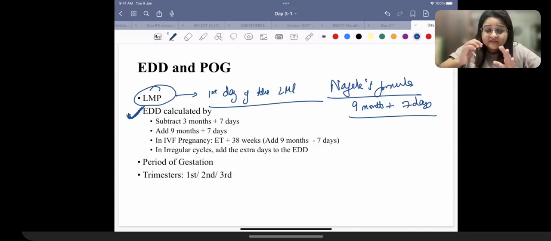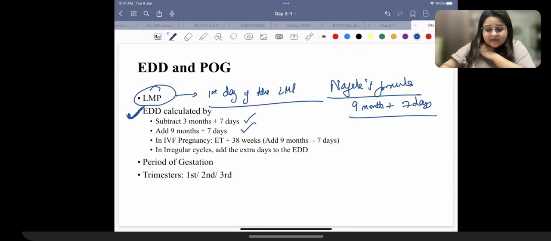Actually, Nagel described the formula as to the last menstrual period, subtract 3 months and add 7 days.